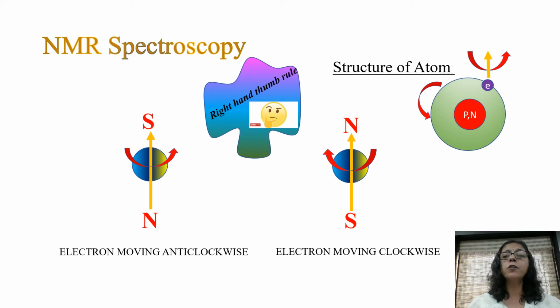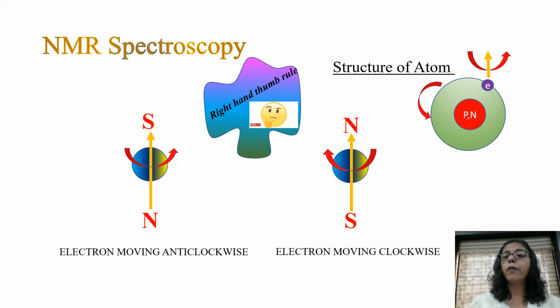Now, the direction of spin of the electron can be anti-clockwise, it can be clockwise also. And this spinning of electron basically creates a magnetic dipole. Magnetic dipole means you will have the electron behaving like a magnet, having a north pole and a south pole.